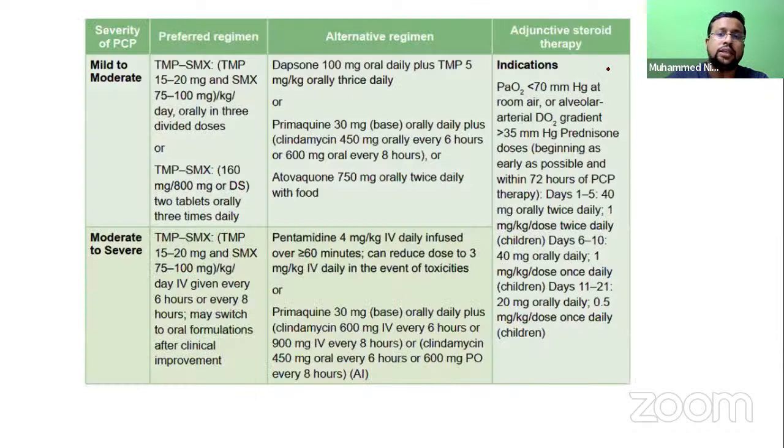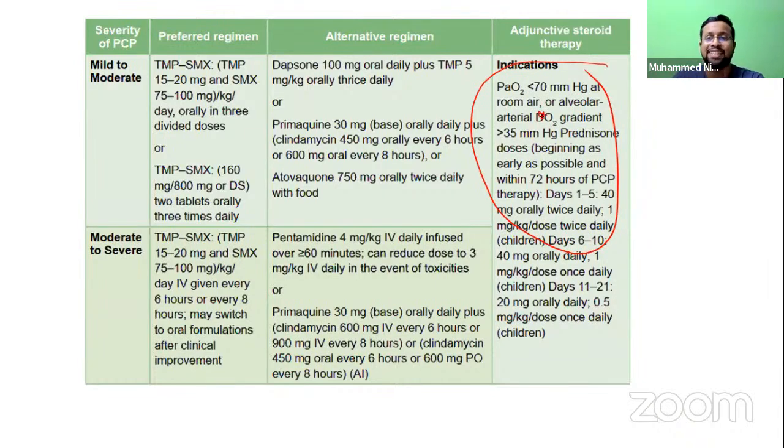Again, we have the NACO guidelines, which say that steroids are indicated when PaO2, that is partial pressure of oxygen, is less than 70 millimeters of mercury in room air, or the alveolar arterial O2 gradient is more than 35. So remember both of these.